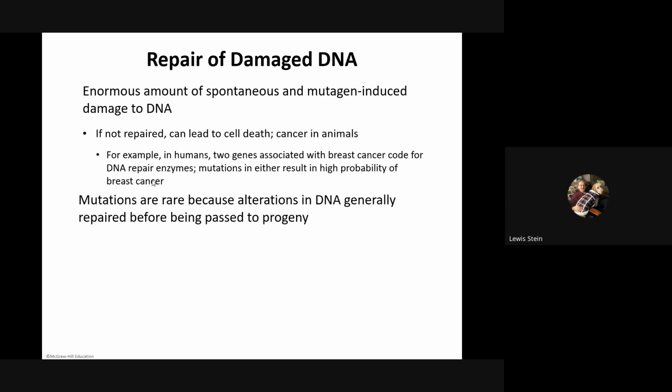And they found it was cancerous and they had those two genes. They elected maybe to have a double mastectomy. Most families have somebody in that category. Our family does. Okay. Mutations are rare because alterations in DNA generally are repaired before it's passed on to progeny, but it doesn't mean it's not there.